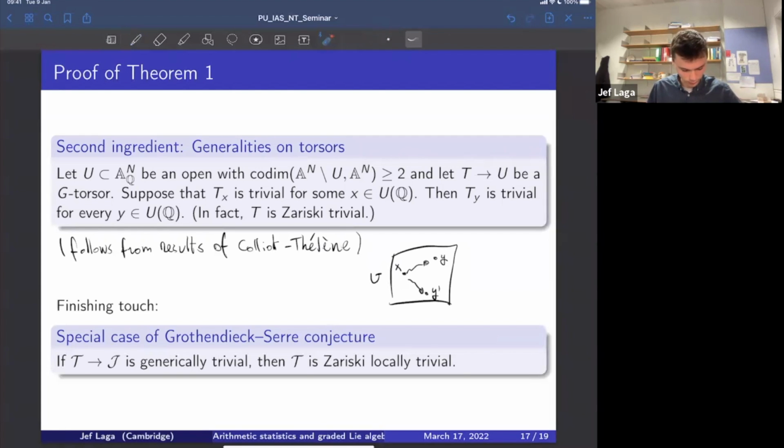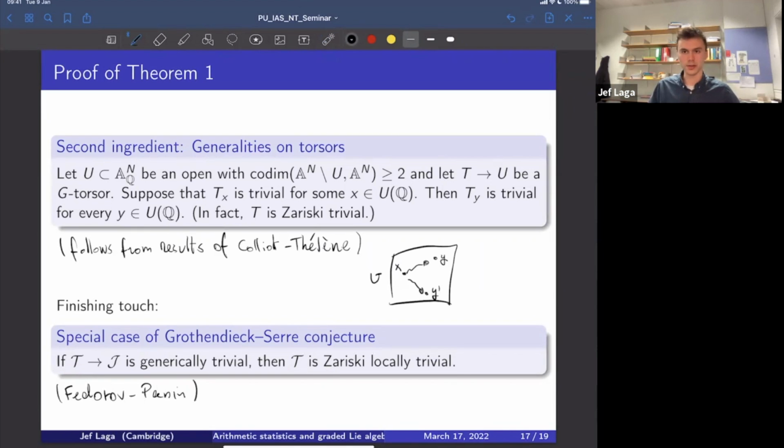The consequence that we'll need is the following: if we can prove that this torsor is generically trivial, so it's trivial over the generic point of curly J, then it's actually Zariski locally trivial. This follows from the Grothendieck-Serre conjecture for regular schemes over an infinite field, which was established by Fedorov and Panin 10 years ago or so.